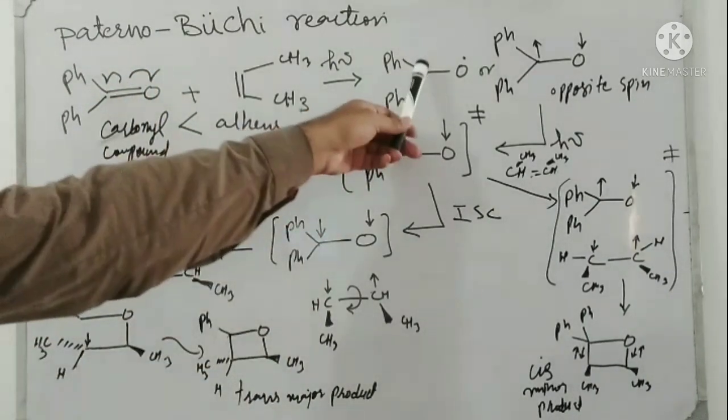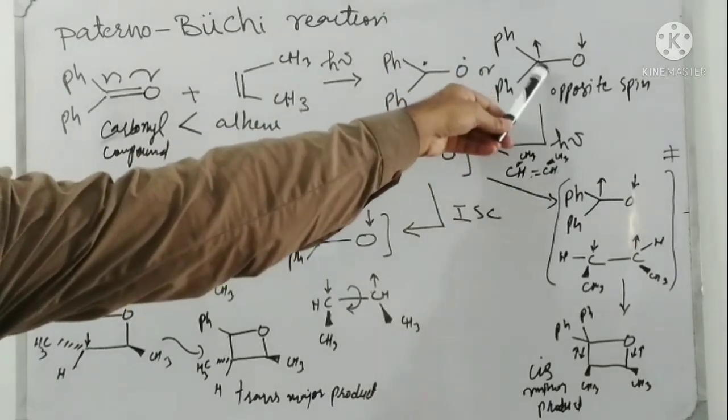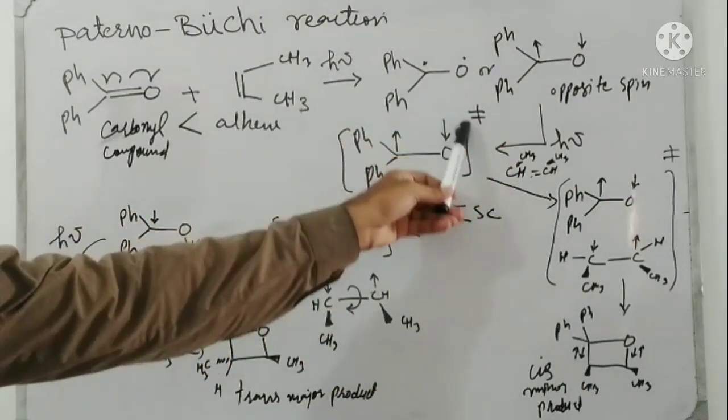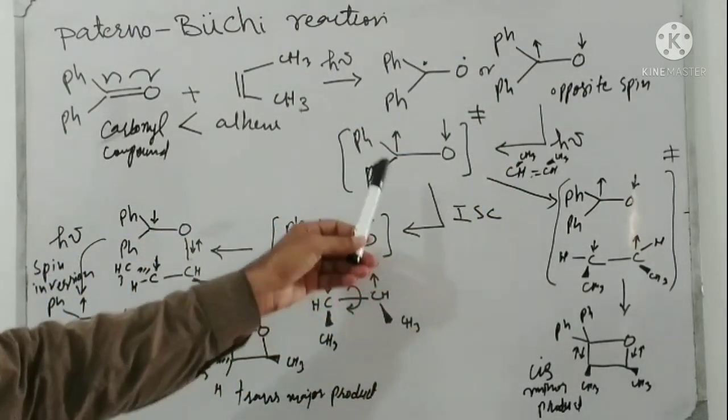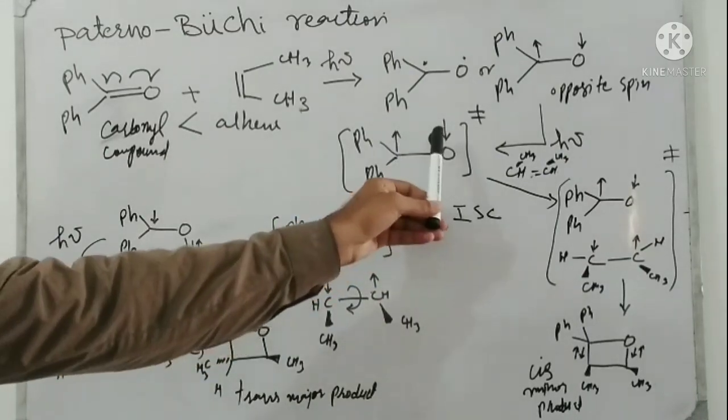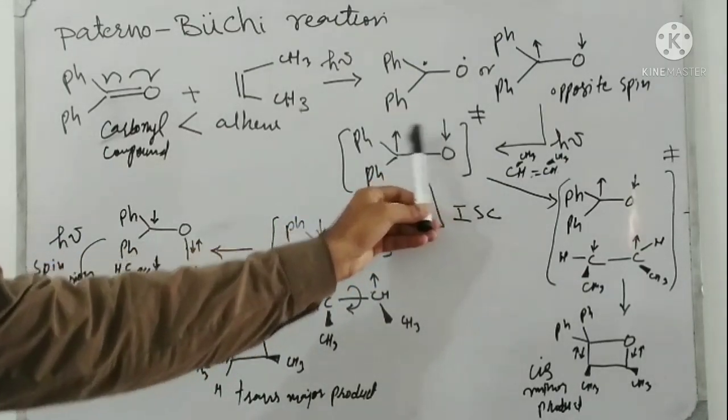These two radicals have opposite spin, so they are excited in the presence of light. This is the excited state of this carbonyl compound. These two electrons have opposite spin.